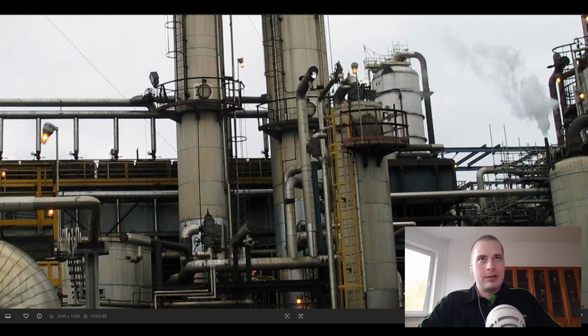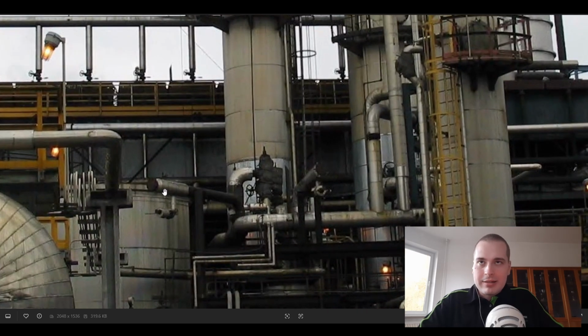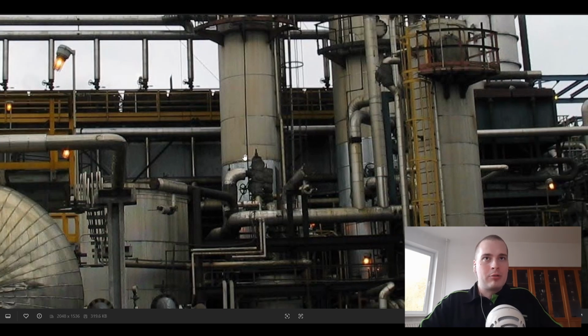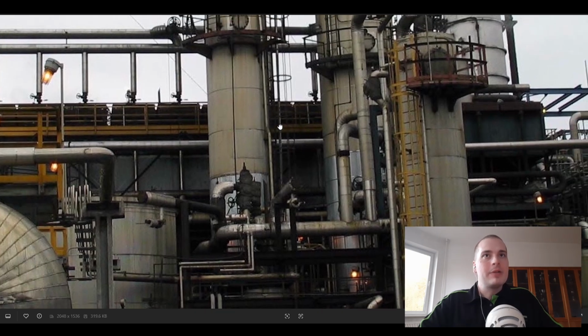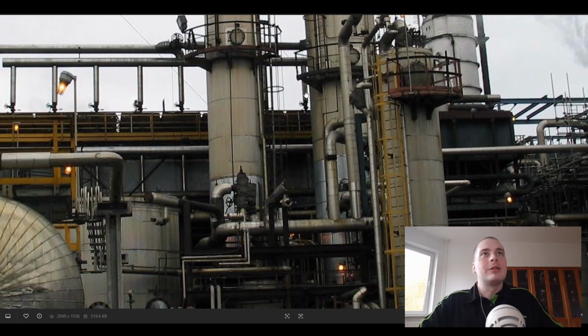So maybe back in the day this pipe used to connect to this vessel, but then maybe they changed the process flow and now they don't need this pipe, so now it's abandoned and it has become a dead leg. And then I think I see another dead leg over here, where it just ends like that. So yeah, a lot of abandoned piping in this area that we can see.